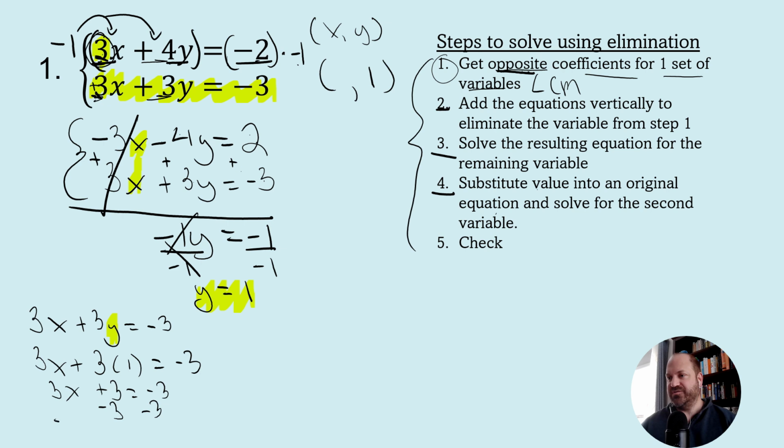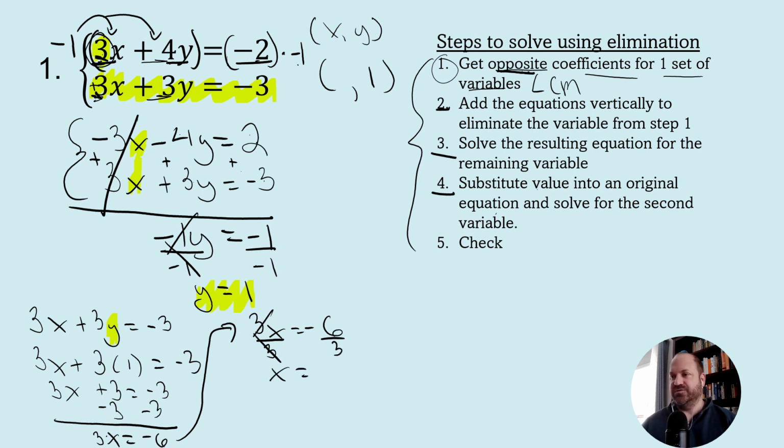Subtract 3 from both sides. We get 3x equals -6. Let's divide by 3. The 3's divide out, and we get x equals -2. So our solution is going to be -2 and 1.